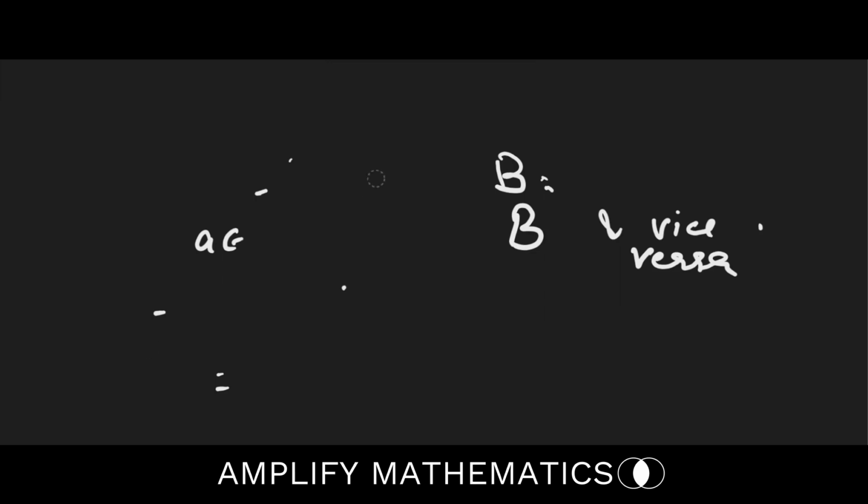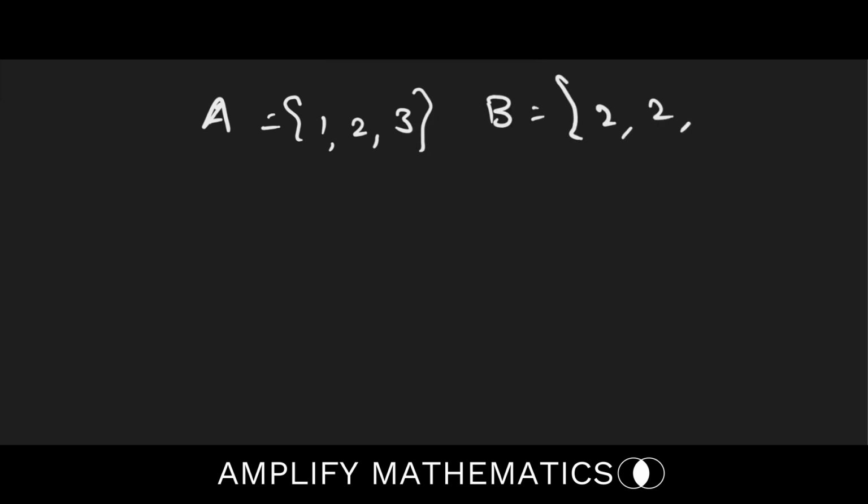Okay, so let's take examples of equal sets now. Suppose ये एक सेट है और ये एक सेट है। In my first session on this topic I said कि जो repeated elements हैं वो matter नहीं करते हैं.